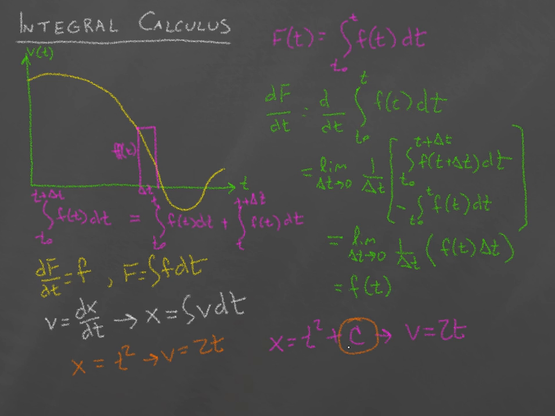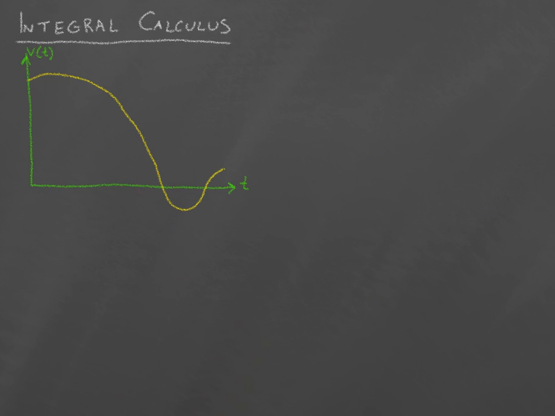And so this brings us to what's called the fundamental theorem of calculus. All this says is that if we have some function F of t, then F of t minus F of t0 is the same thing as the integral from t0 to t of f of t dt.